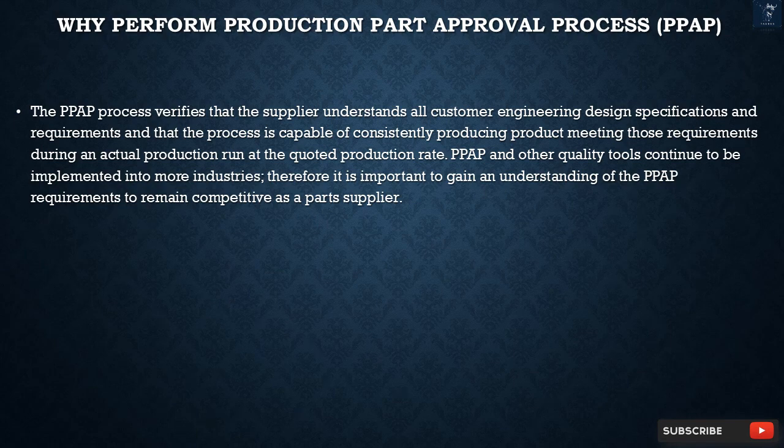The PPAP process verifies that the supplier understands all customer engineering design specifications and requirements and that the process is capable of consistently producing product meeting those requirements during an actual production run at the quoted production rate. PPAP and other quality tools continue to be implemented into more industries, therefore it is important to gain an understanding of the PPAP requirements to remain competitive as a parts supplier.